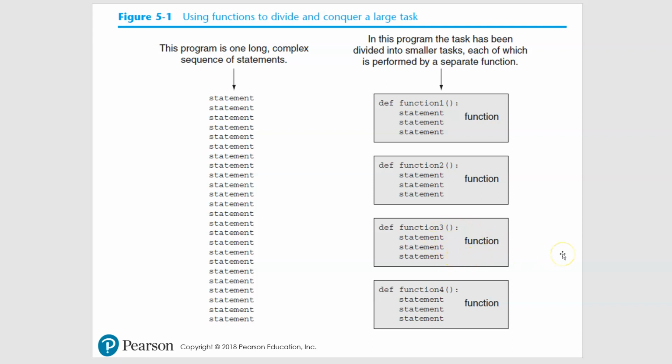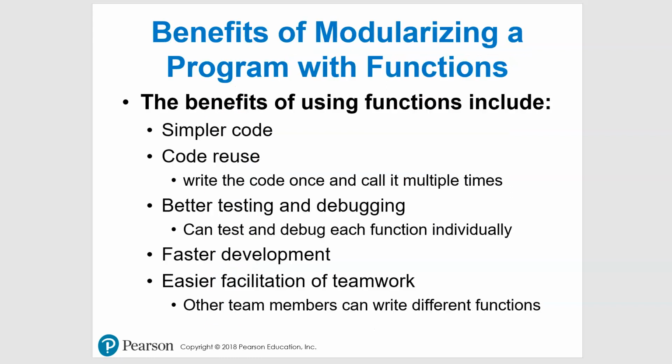So there are lots of options. It gives us all sorts of different choices when we're looking at these, and you'll see that as we go along. So some of the benefits that you'll see, and you may argue this first point with me at the beginning: simpler code.